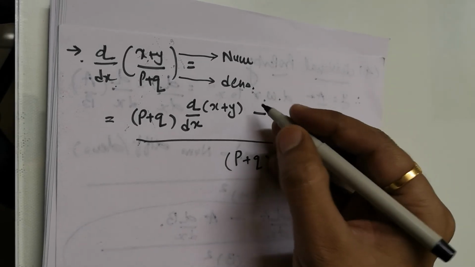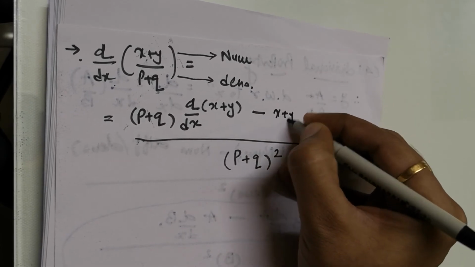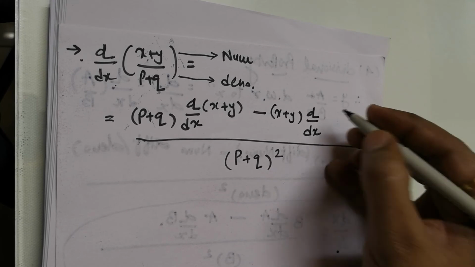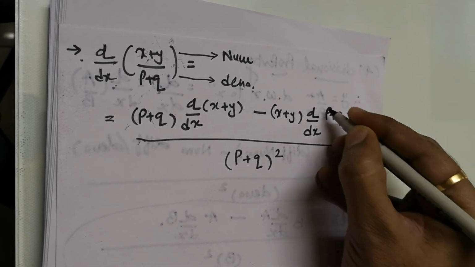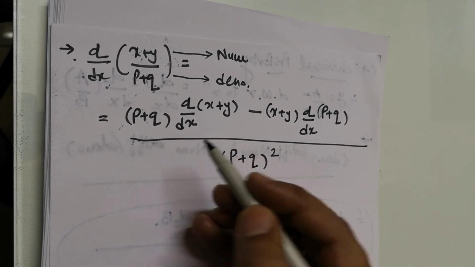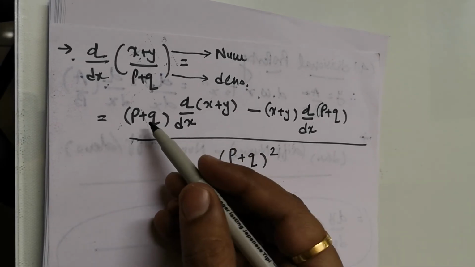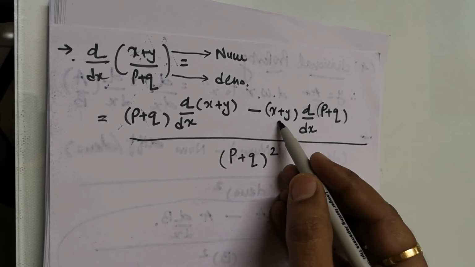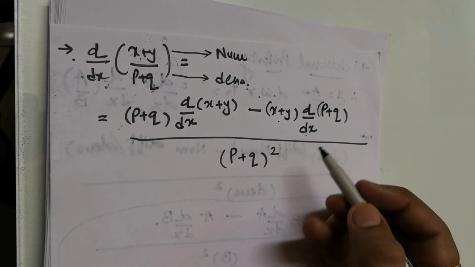After that I have x plus y outside, d by dx of p plus q. Now you can see what I did: denominator squared, denominator outside, differentiation of numerator, minus numerator outside, differentiation of denominator.